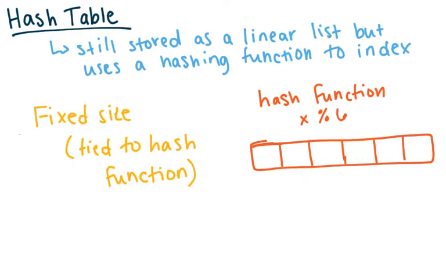Some drawbacks: it's got a fixed size because it's tied to the hash function. If the hash function is mod 6, then it's going to have 6 entries. So that's one disadvantage.